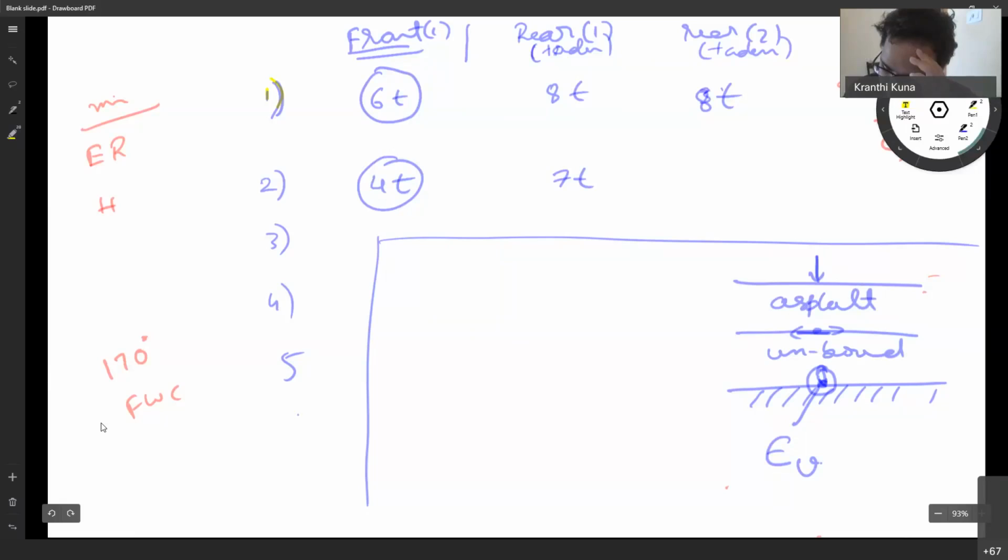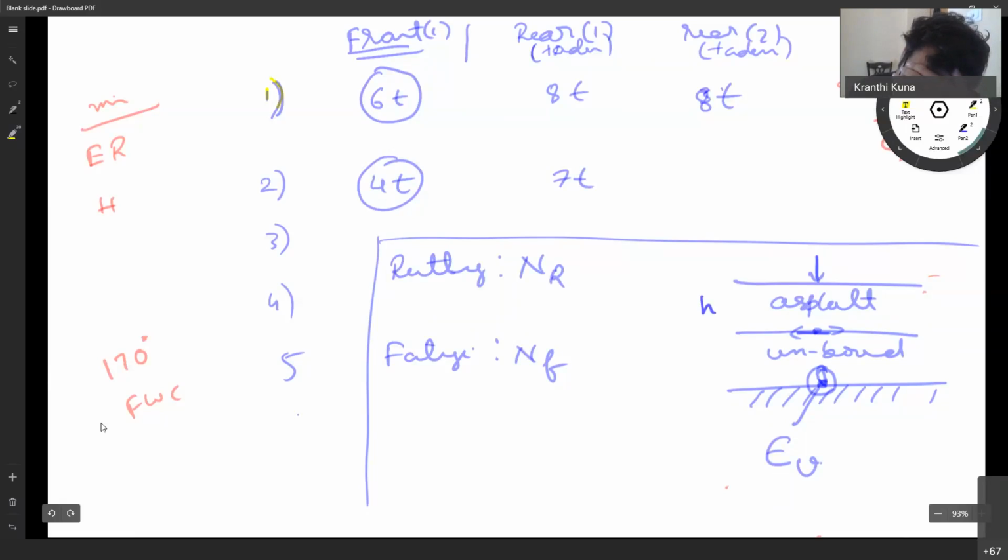Obviously, I'm explaining only these two criteria. We have one criterion for rutting, which we have seen, and one criterion for fatigue. Here you get NR, NF. For this pavement, you have H1, H2, and E1, mu1, E2, mu2 as material properties, and E3, mu3.